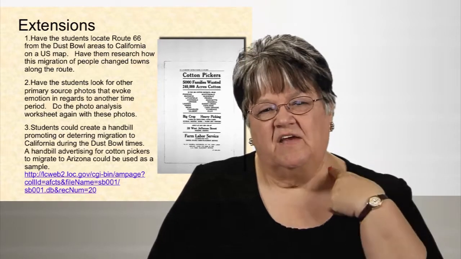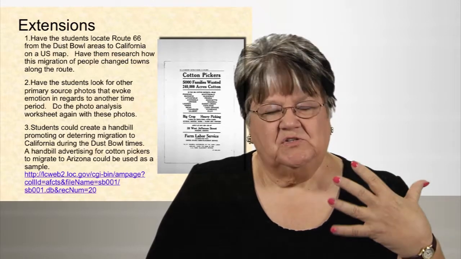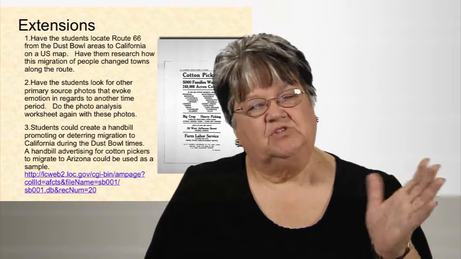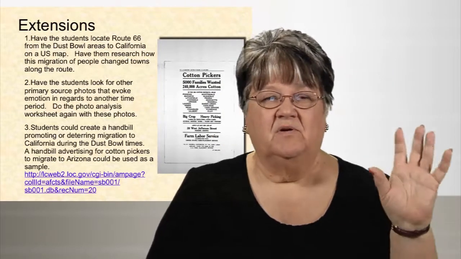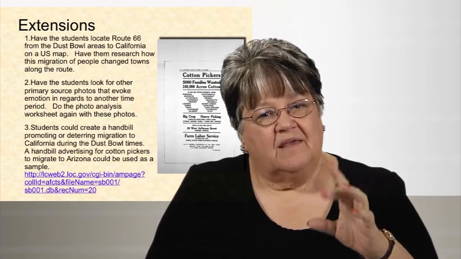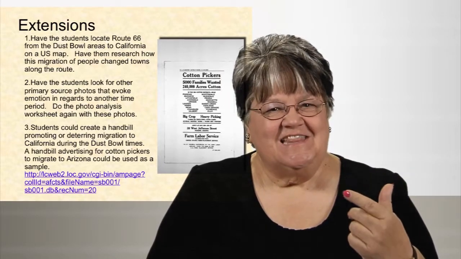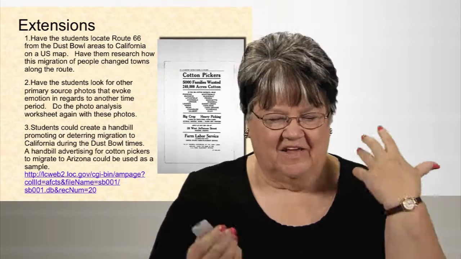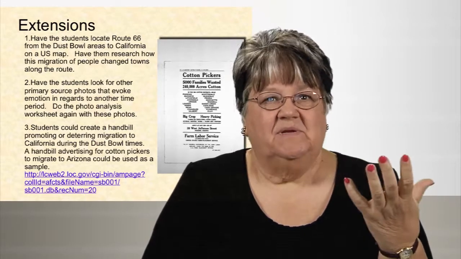One of the things that I found as I was writing this lesson is that the Steinbeck story builds on the idea there were handbills that directed people to come to California and they would find everything they wanted. It was the land of milk and honey. But when you start looking at the evidence, there isn't anything that historians have found that show a California handbill that says come to California.